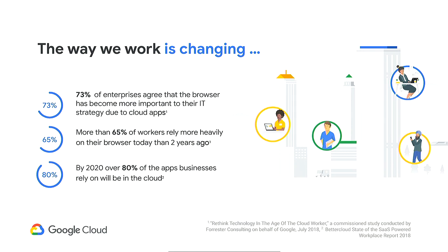We see workers reporting that, compared to 2 years ago, they're using the browser more. And there are also estimates saying that by 2020, over 80% of business-critical applications will be in the cloud. And so in that context, making sure that your users are productive and have the right deployments for Chrome and the right configurations is very important.